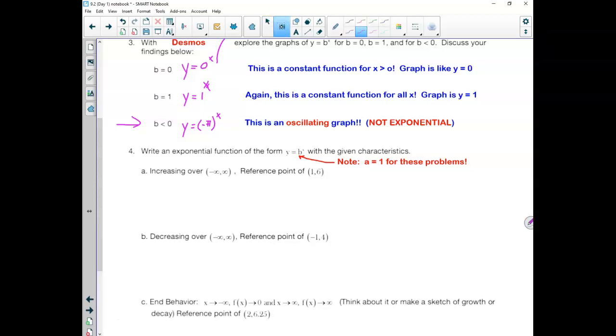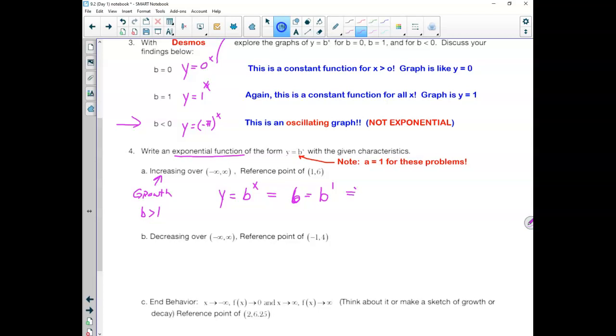Well, if we're going to write an exponential function given these conditions, if it's increasing, I know it's a growth, right? Which means b has to be greater than 1, doesn't it? It's got to be greater than 1. And if I'm looking at y equals b to the x, and I plug my 6 in for y, and my x is 1, well, b to what power gives me 6?